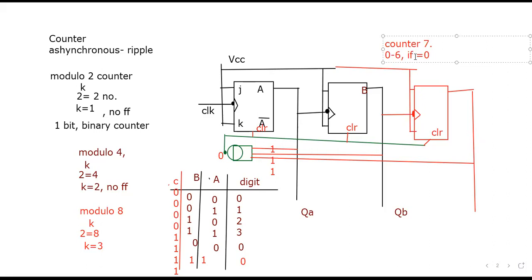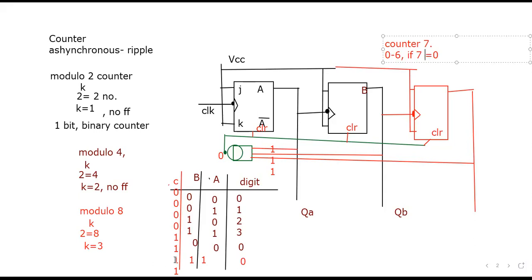If we have the number 7, then it has to convert to 0. So for 7, we have to draw a counter of 8 first. We have to compulsorily draw a counter of 8, and then we will use 7 numbers, 0 to 6 only. And the last digit would be 0. 0 to 7 is equal to 8 counts.